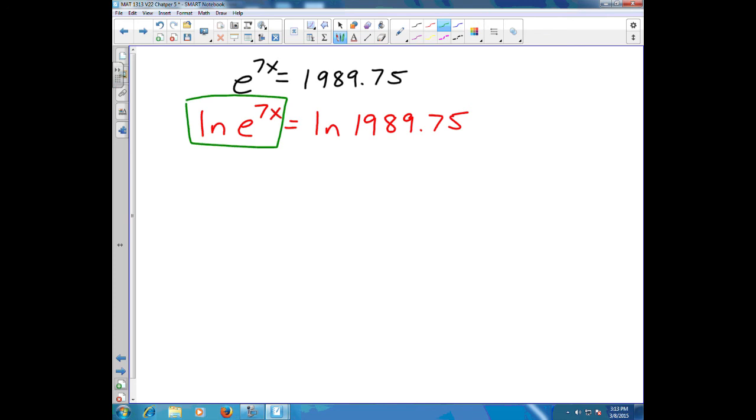When you have the natural log of e raised to some power, remember the natural log of e to the x is just equal to x. So the natural log of e to the 7x is just equal to 7x. This is why I use the natural log every time. So now we have 7x is equal to the natural log of 1989.75.